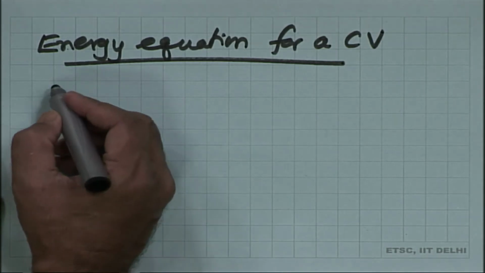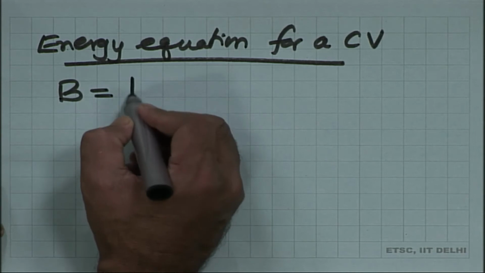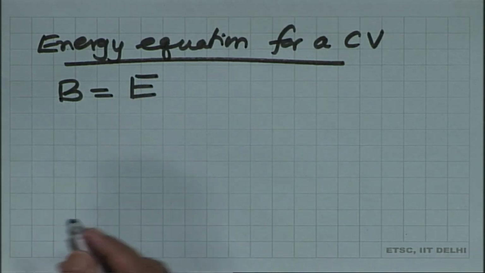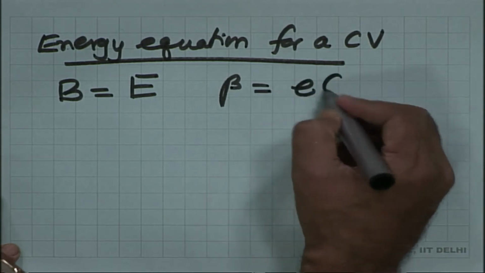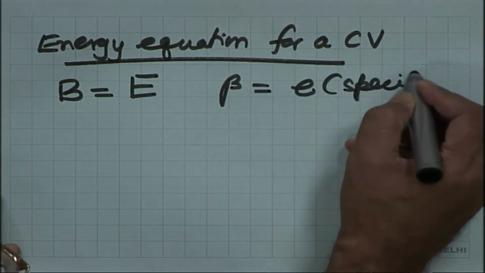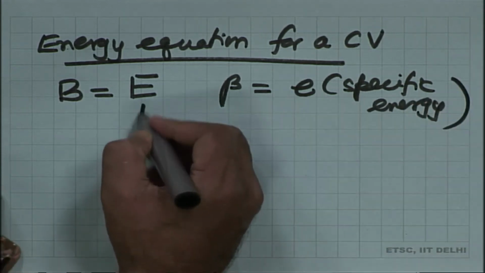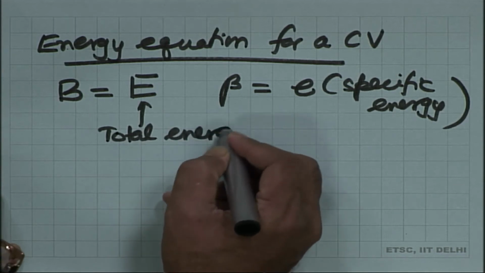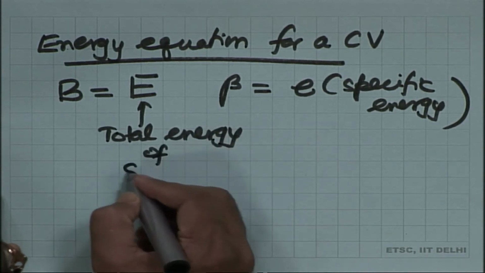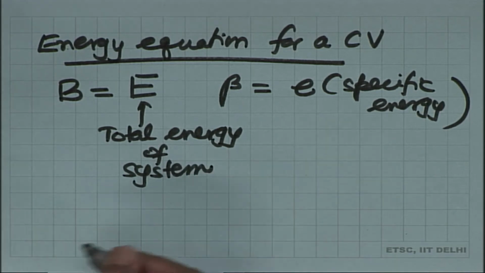For that we will take the quantity B to be the total energy, and beta will be the specific energy. So, this is the total energy of the system. Now we will apply Reynolds transport theorem on this.